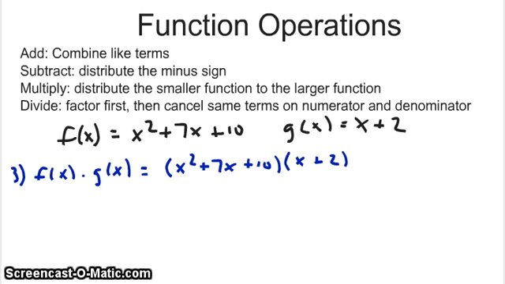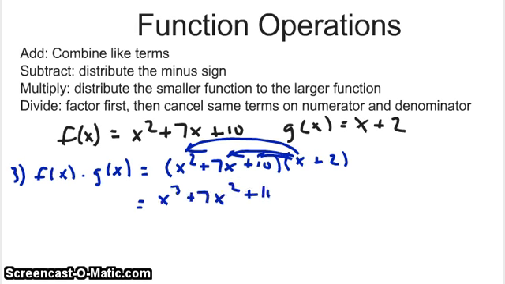Like I said earlier up here, it's easier to distribute the smaller function to the larger. You can go in either direction. I just feel like it's easier to go small to big. So I'm going to start with this x. This x distributes to all three terms on my larger function. So we'll have x cubed plus 7x squared plus 10x. And then we're going to distribute the 2 to all three terms.